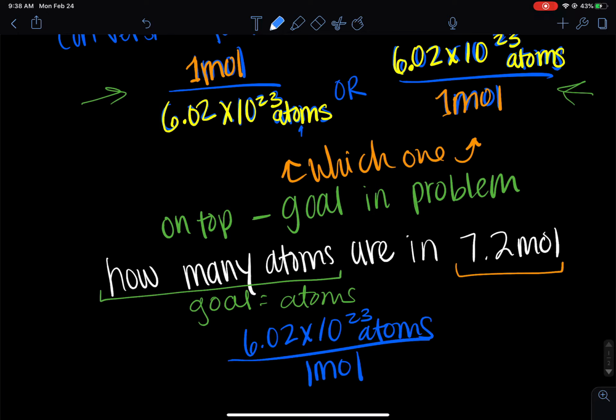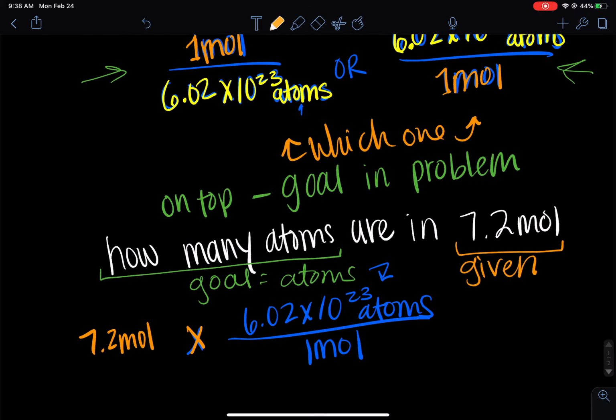Okay, so once you figure that out, you will then just simply multiply the conversion factor by your given. So I'm going to say the conversion factor times 7.2 moles. And if you notice, the word mole cancels with the word mole, and that leaves us with atoms and our numbers.